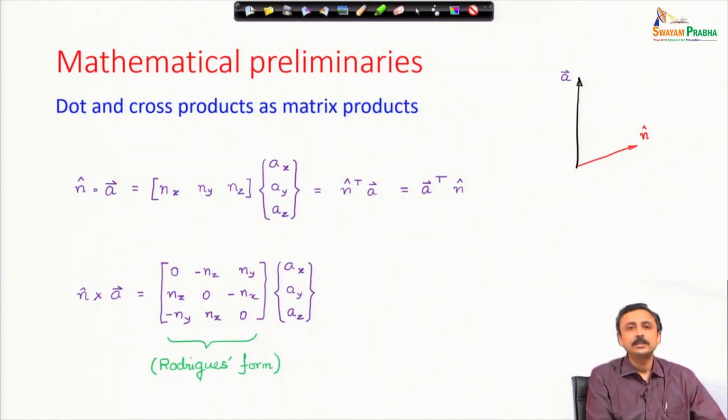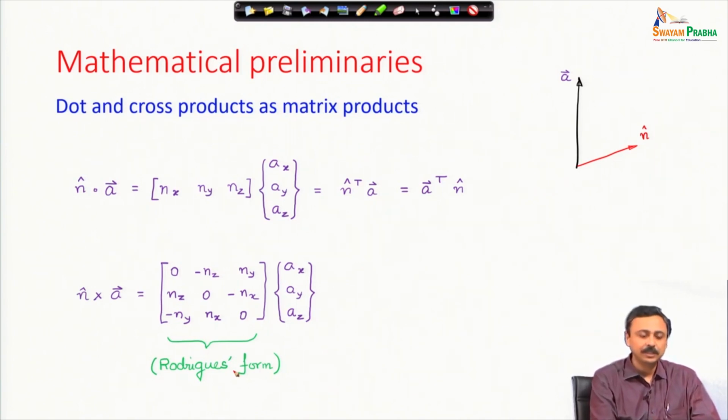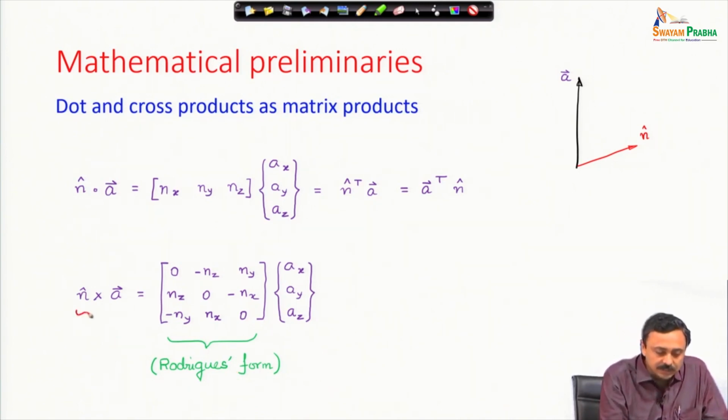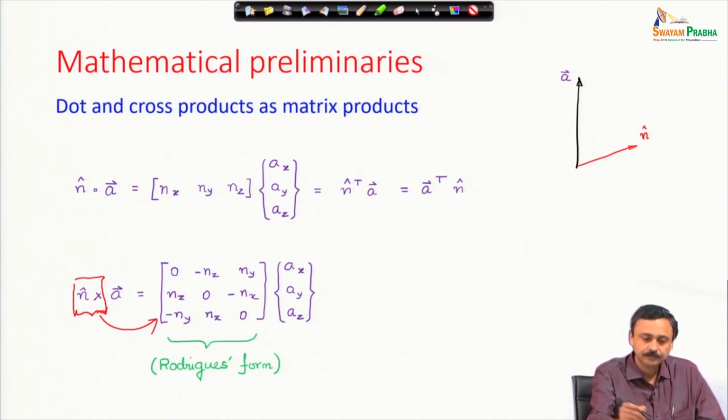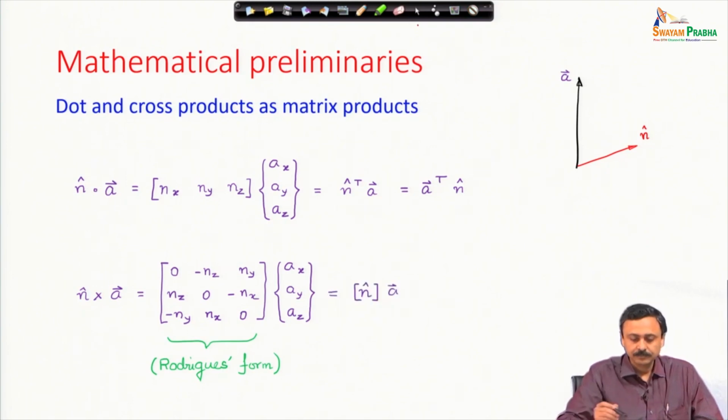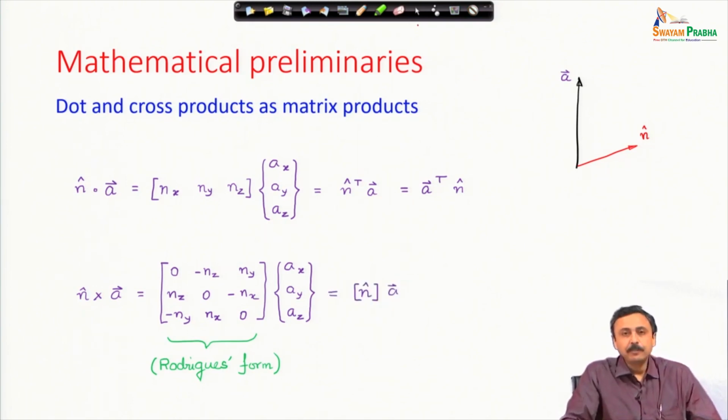Rodrigues form is a skew symmetric matrix representation of a vector which actually represents this n cross. This whole thing is represented by this matrix n cross. And I will represent this n cross as this matrix, n cap matrix.